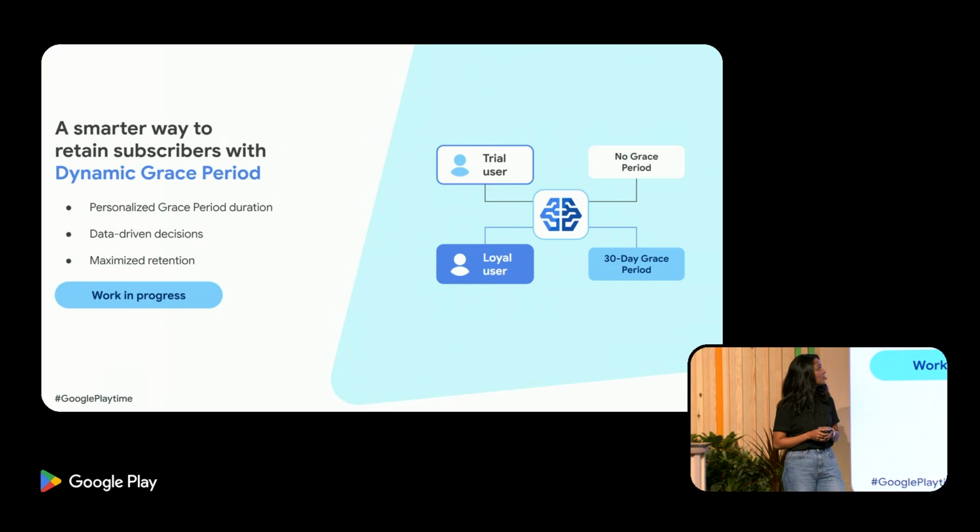The first pilot that we're launching is dynamic grace period. This basically will help you reduce your churn and make sure that your highest value users actually make the most out of the subscription and get the most amount of recovery window.